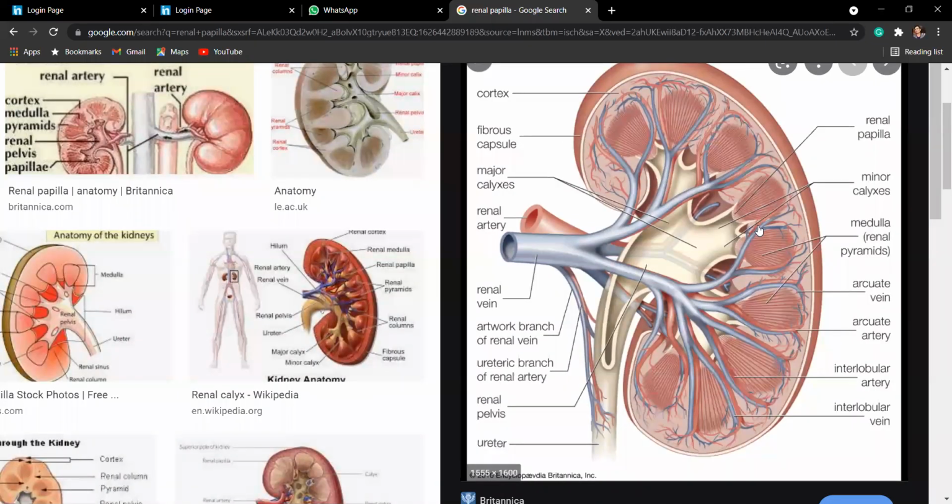So see, this is your kidney. It has an outer portion that is a cortex, inner portion that is a medulla. In the medulla, you'll be having medullary pyramids. These are all the medullary pyramids. The apex part of these pyramids are the papillae.